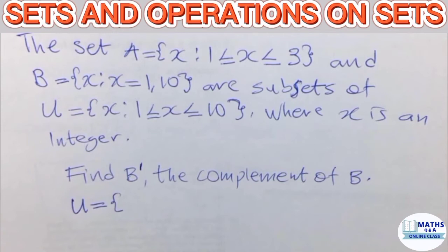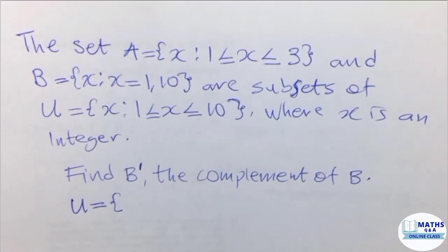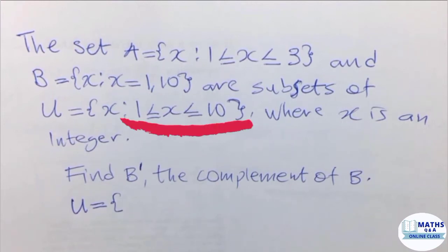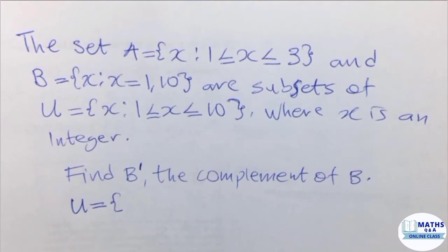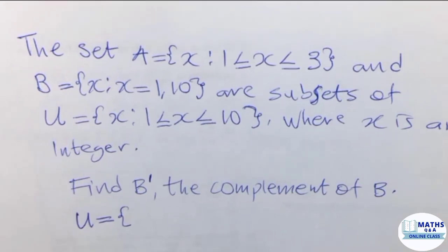Why are we saying that we are starting from 1 and ending at 10? Because the set builder notation reads as x greater than or equal to 1, so we have to start from 1, and x less than or equal to 10. And since we have from the question that x is an integer, we know that the set of integers involves positive and negative whole numbers.